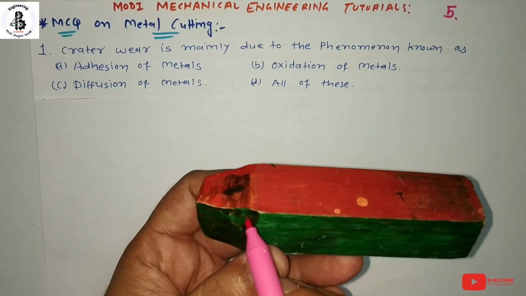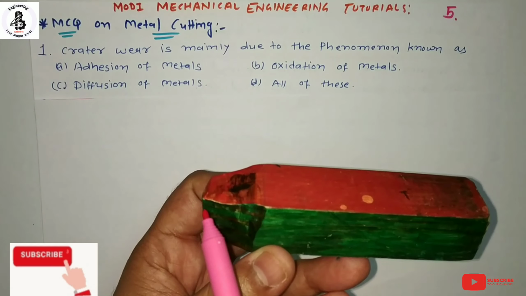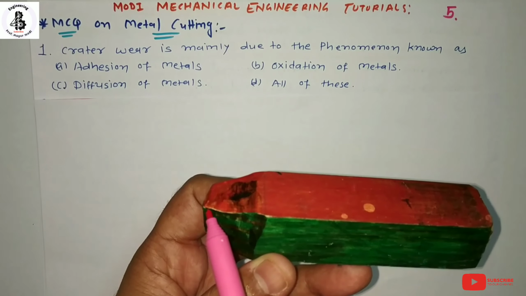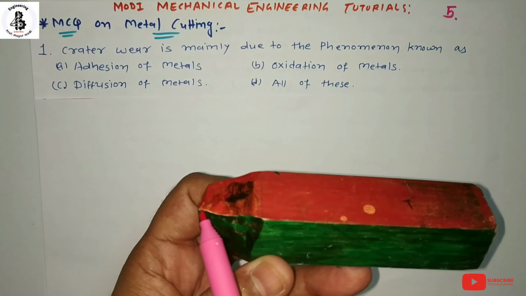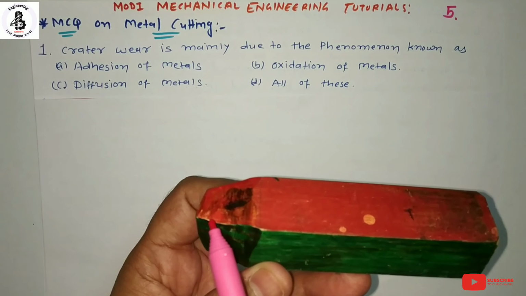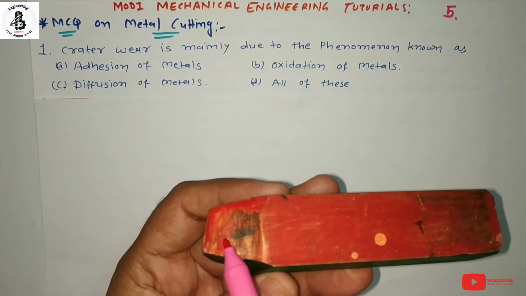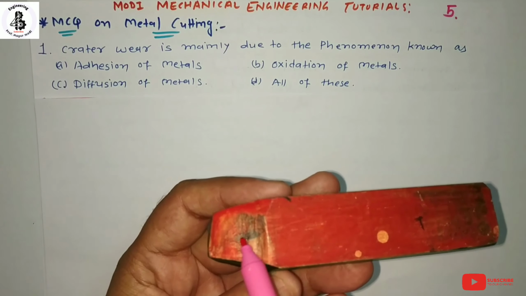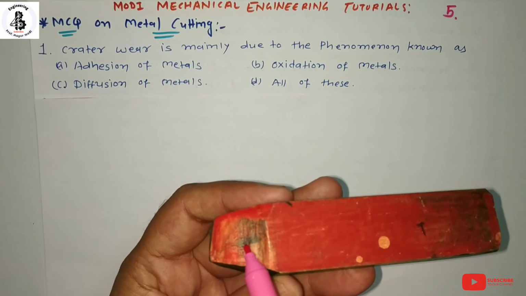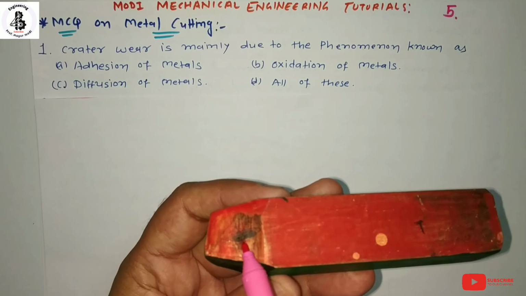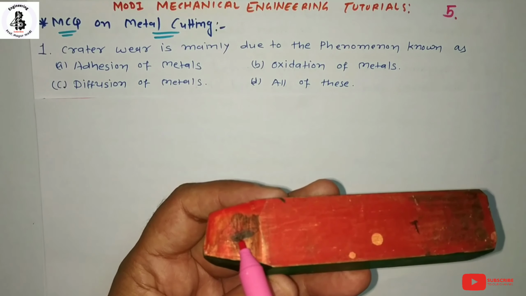Due to that, high heat is developed at the tip of the tool and basically in the chips. Around 70% of the heat is carried by the chips. These chips will form micro welds on that top face, or rake face, of the tool, and due to those micro welds, diffusion takes place on the face of the tool.